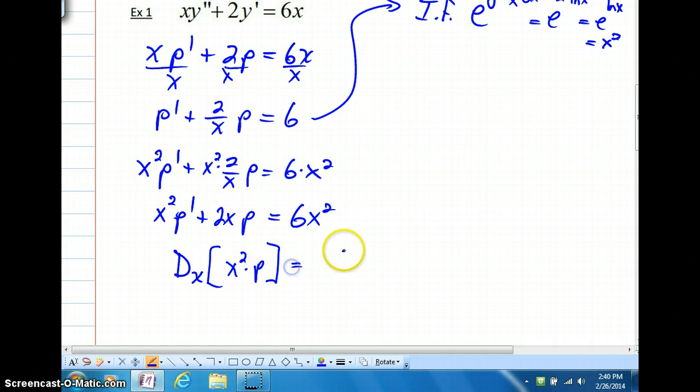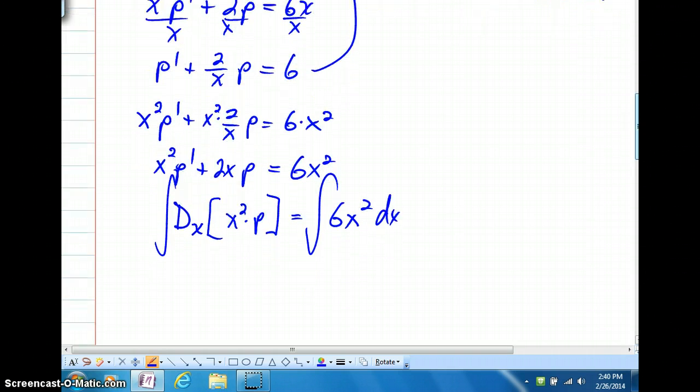And you can see this is exactly what's taking shape by the product rule: x squared times the derivative of p plus the derivative of x squared times p itself. That fits perfectly. Now what do we do to both sides? Integrate. Don't be bashful.